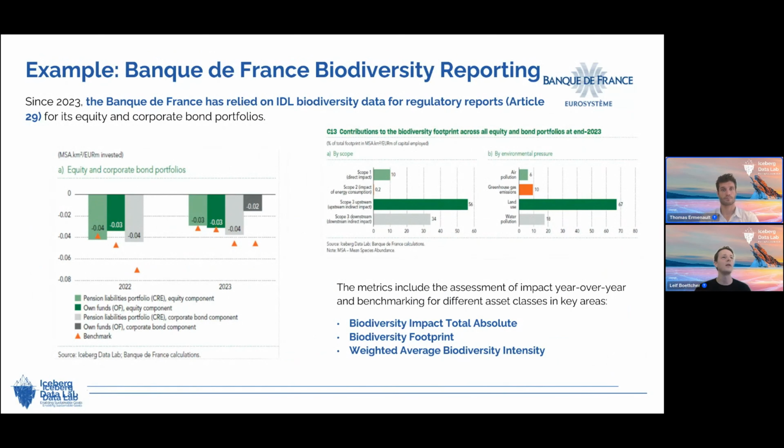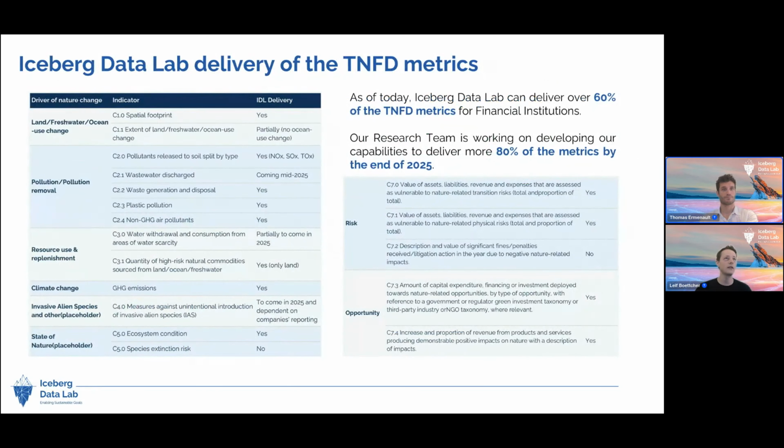And all the data points that we produce, they exist on a thematic scale. So if you want all the climate data points, you can get them as a package, but they also exist pre-selected to exactly respond to the SFDR requirements. Another example is, that's actually exactly it.